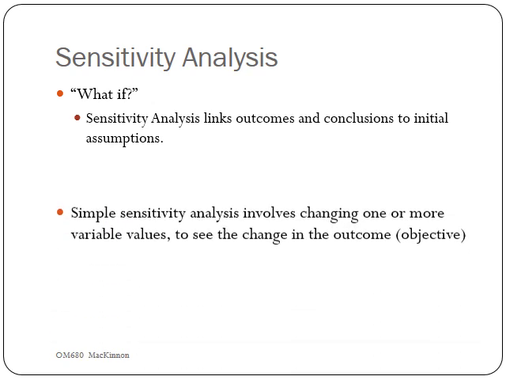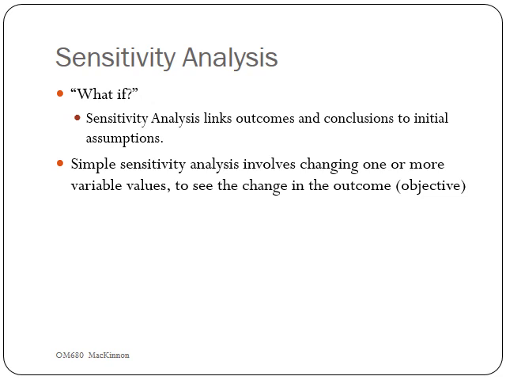And what happens is it involves changing one or more of the variable values to see how the outcome, the objective, changes. Think about varying an interest rate, or think about any of the problems that we have done.